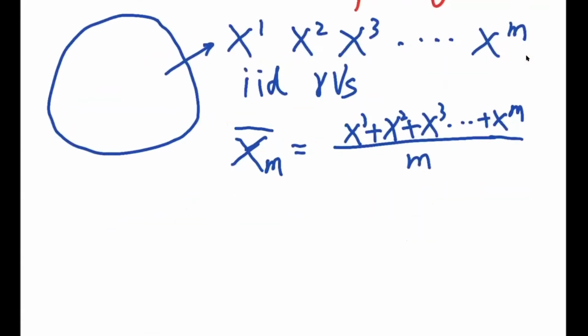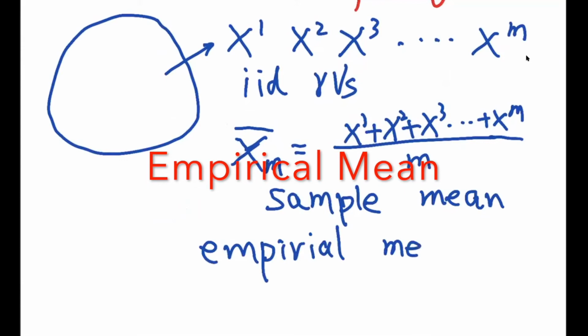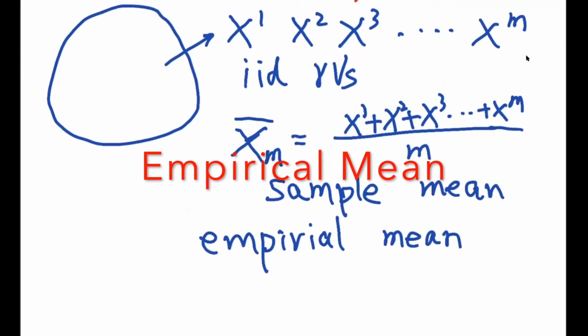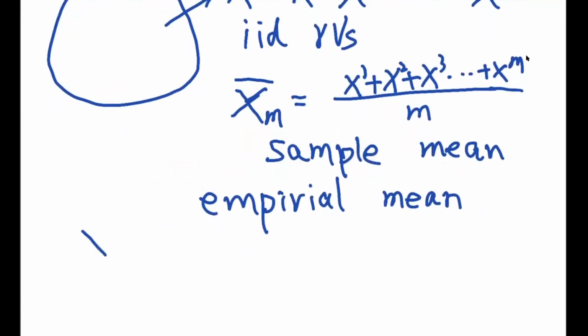This is what we call the sample mean. And for machine learning, we also call it the empirical mean. This X_m bar, this sample mean itself is also a random variable.